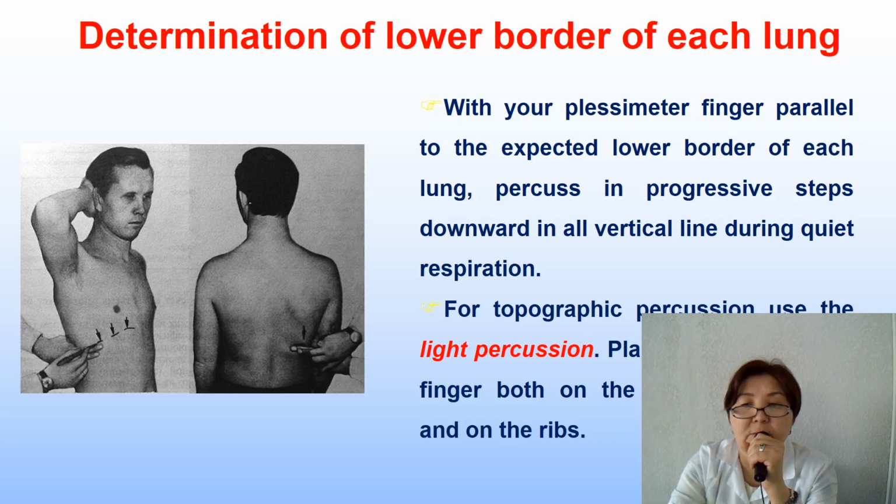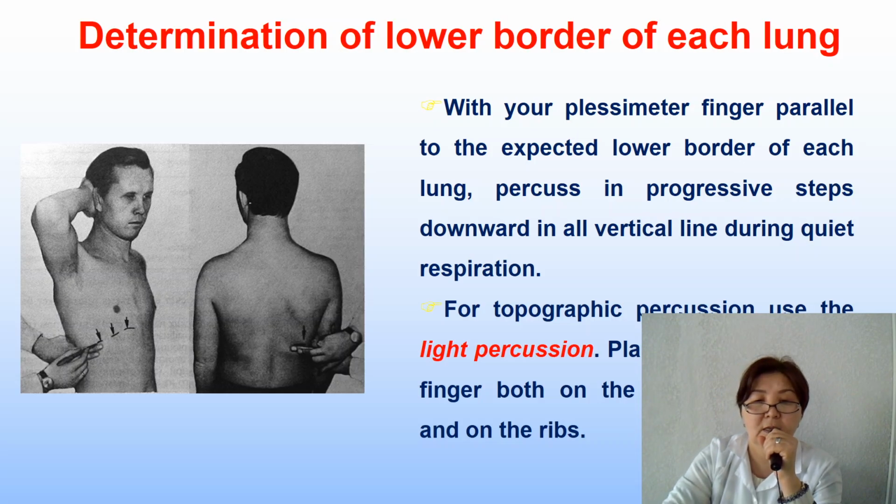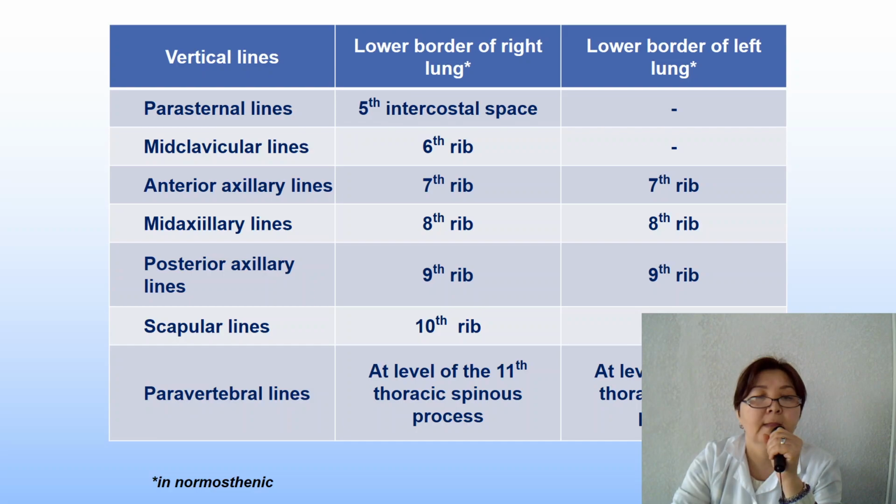For topographic percussion, use light percussion. Place your pleximeter finger both on the intercostal spaces and on the ribs. These are 7 vertical lines at which we should determine the lower border of the lung.